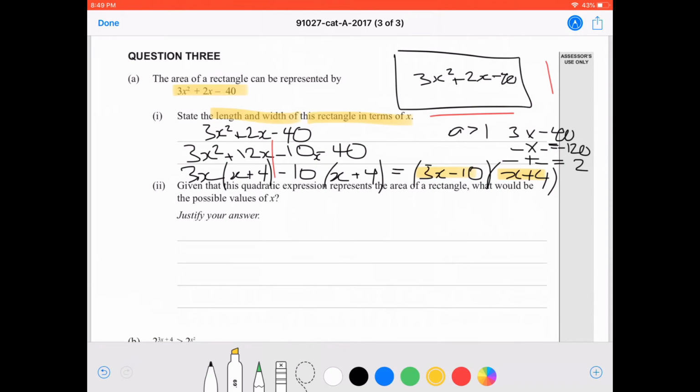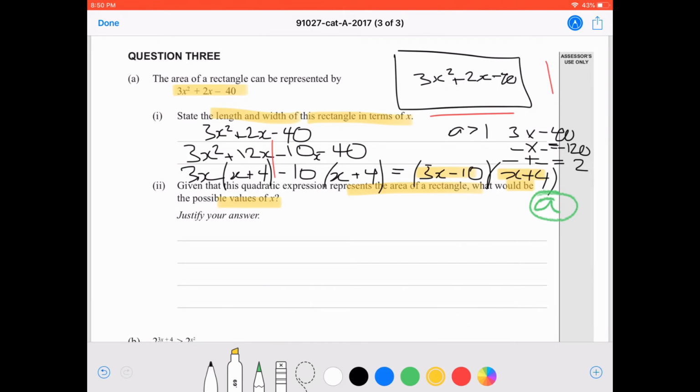Okay, achieved grade for this one. Question A2, given that this quadratic expression represents the area of a rectangle, what would be possible values of x?